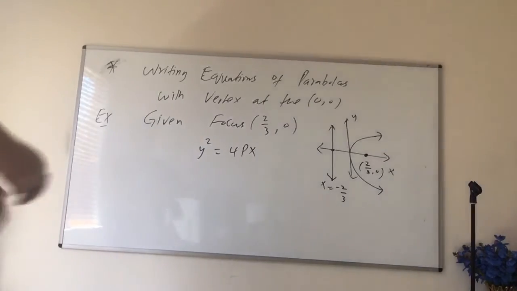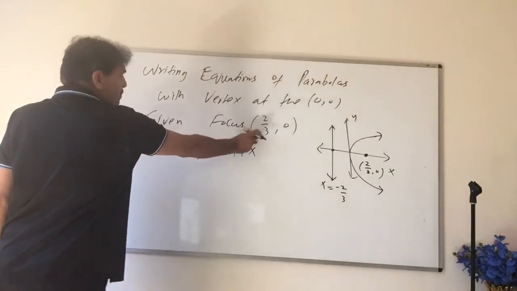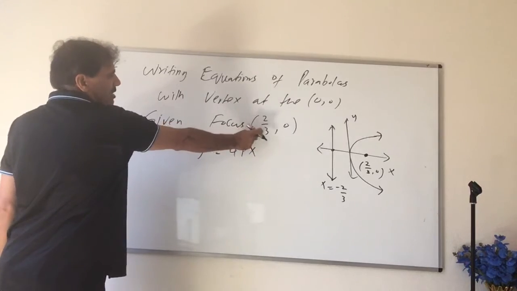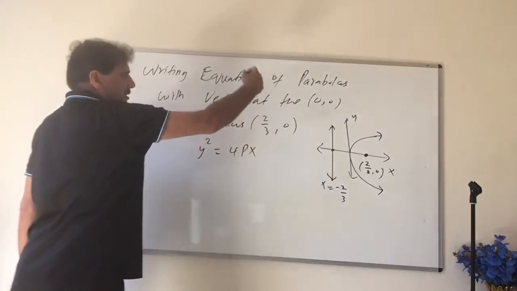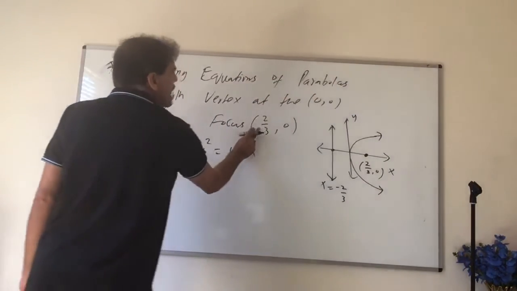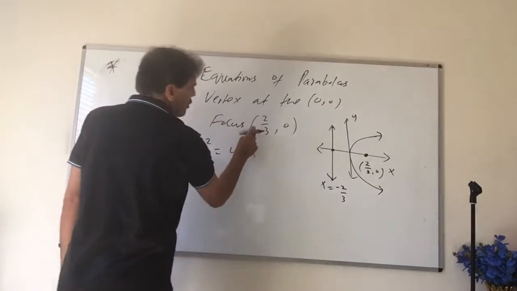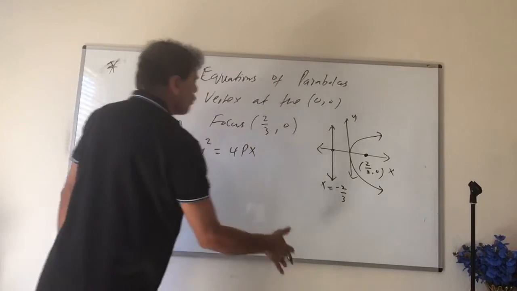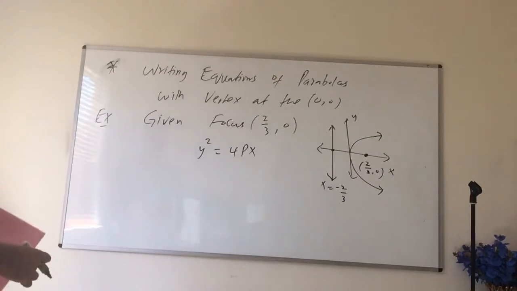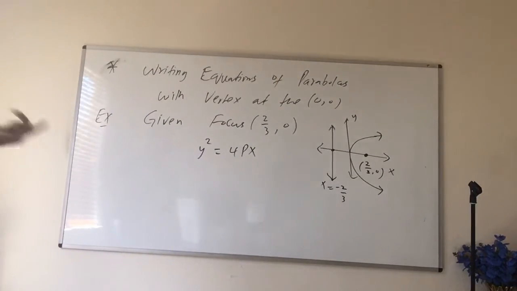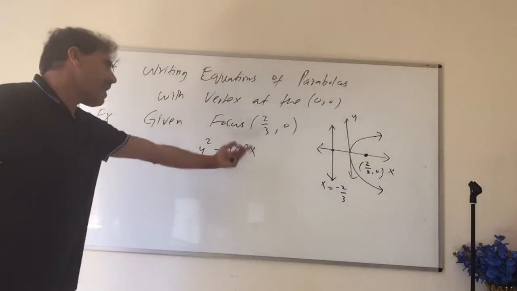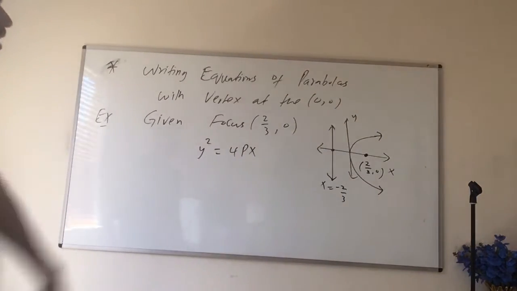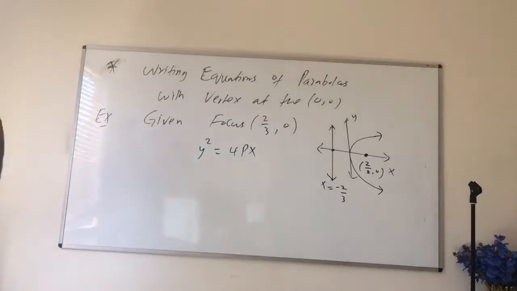If the focus is p comma 0, p is positive, that's the right side. If it's negative p comma 0, that's the left side. If it's 0 comma p, that is upward. If it's 0 comma negative p, that's downwards. Then upward and downward is x squared equals 4py, and x squared equals negative 4py. So this is where we're gonna start.